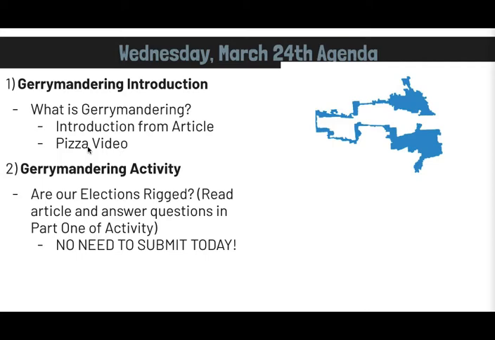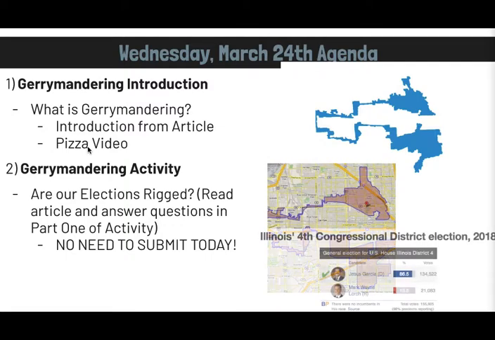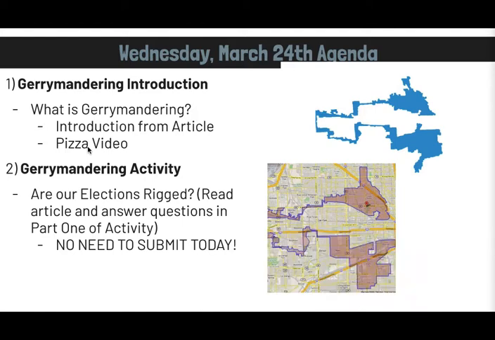Districts are supposed to be square. Think about it. Or at least some sort of semblance of a square, right? A rectangle, I don't know. This is not that. This is Illinois' 4th congressional district. And that district has been dominated by Democratic politicians for a long, long time. Why? Because it was gerrymandered.